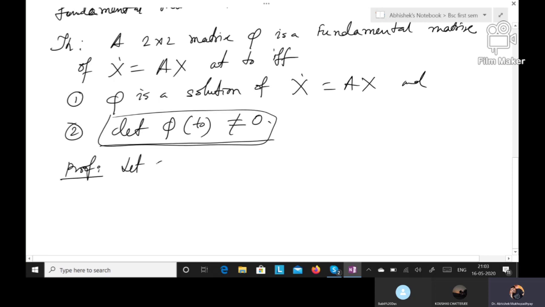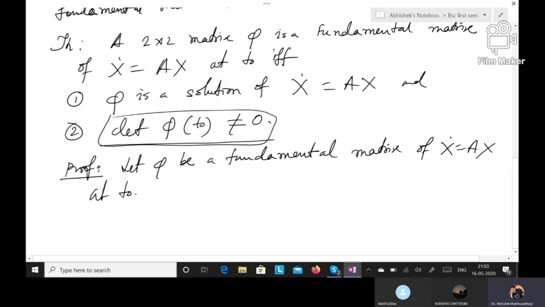Suppose we let phi be a fundamental matrix of the system x dot equal to Ax at some point t0.